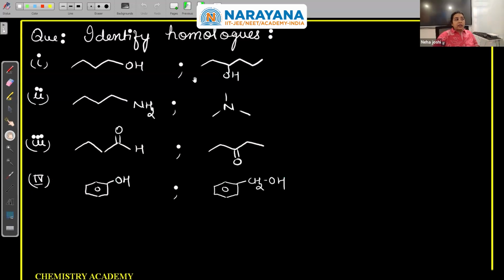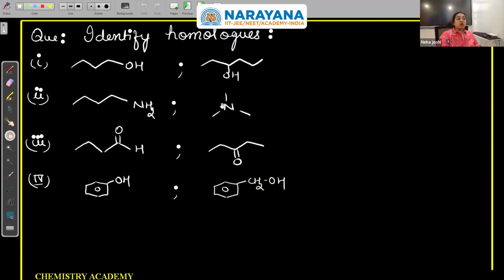Here, when you identify the homologues, like the first pair, primary and secondary alcohols are certainly homologues. Primary amine and tertiary amine are not homologues because in homologues, I told you, you should have the same functional group, whereas different degrees of amines are taken as different functional groups.